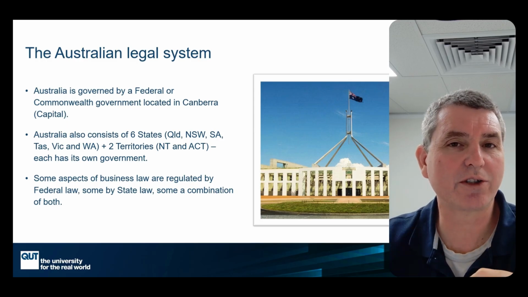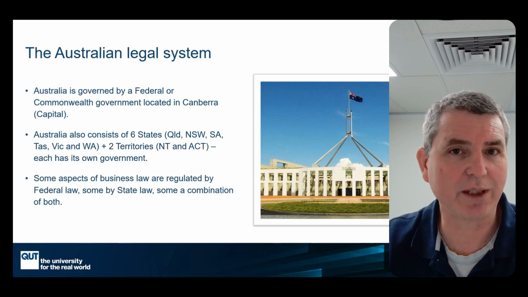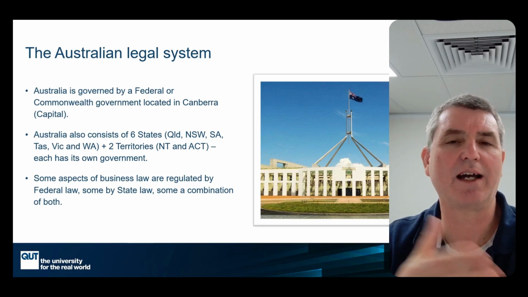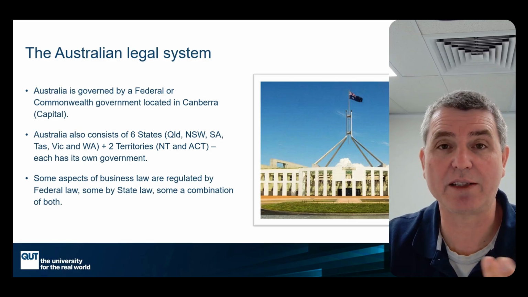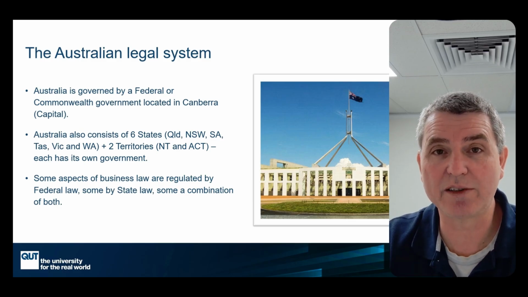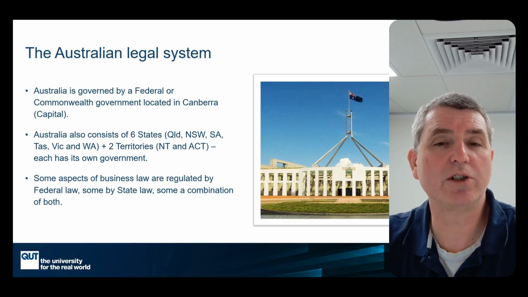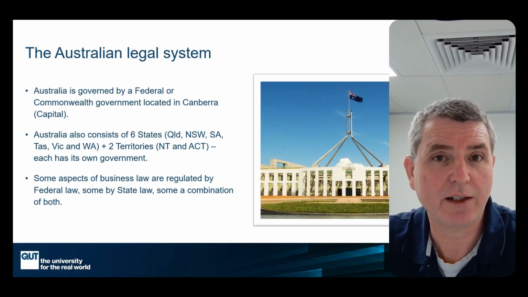Essentially, you've got your state or territory government, and then you've got the federal government, or the one you might normally think of as the Australian government. But both of these governments have the power to make law, administer the law, and apply the law. So it really is critical to your understanding that you recognise the federated nature of the Australian legal system.